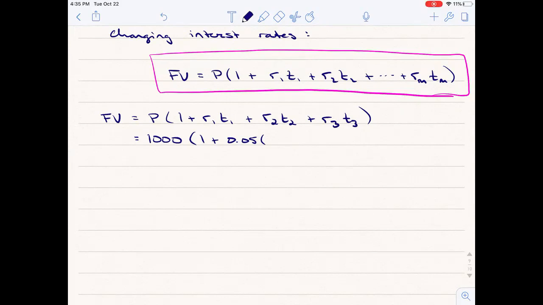It could have been 5% for the first 6 months, and then 6% for the next 2 months, and then 7% for the next 8 months or whatever. So we could have different T's. In this case, though, we don't. T1 is 4 over 12 plus R2, which is 0.06 times 4 over 12, plus R3, which is 0.07 times 4 over 12.